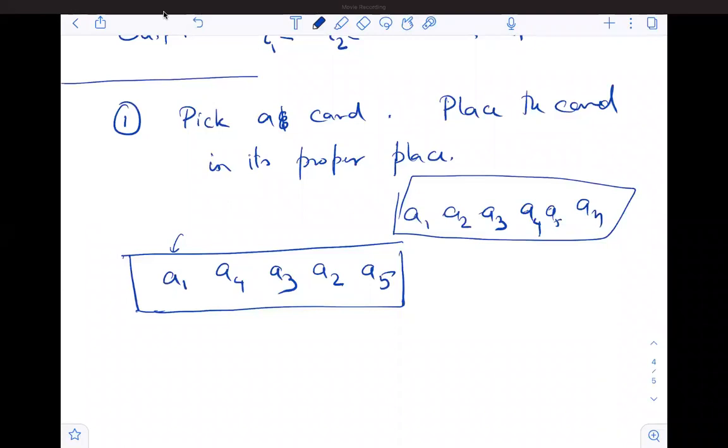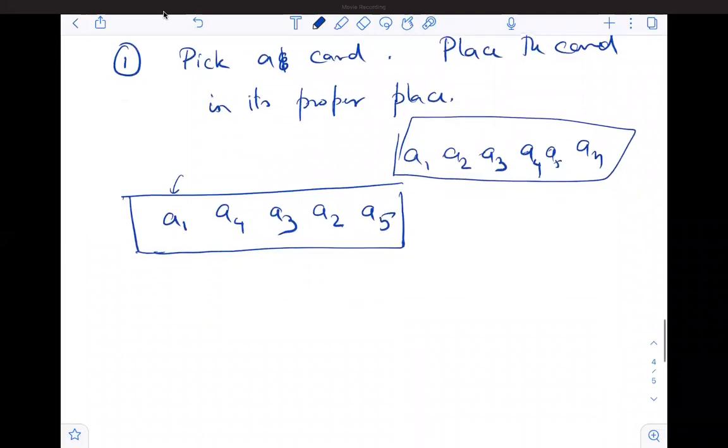So you pick it up, you find and insert, right? So what is the first thing that you can do? Maybe I can just start with: input is a set S, output is a set T, which is sorted. That is what I want.